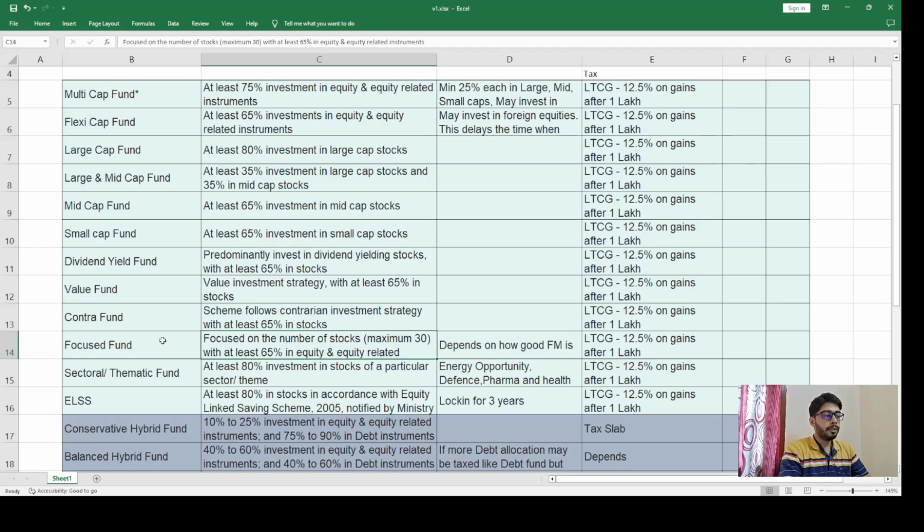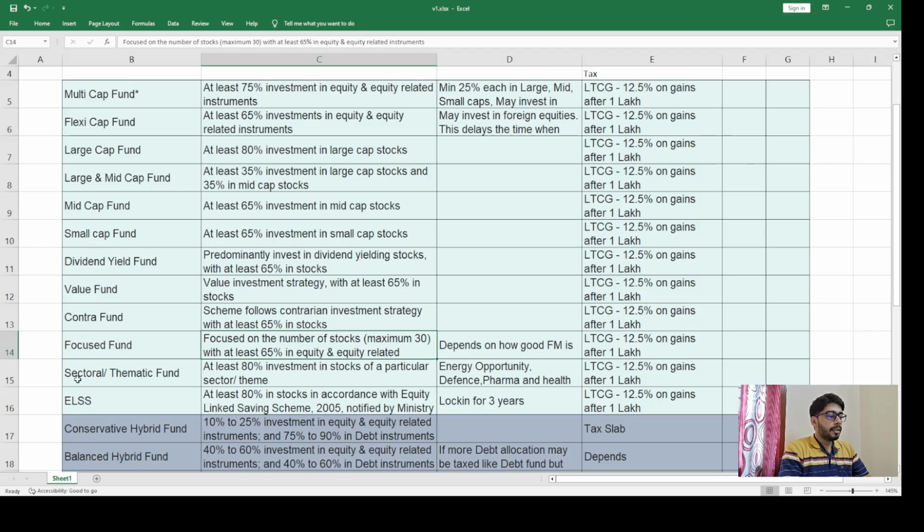So you will see focus funds which will have 29 stocks, 31 stocks, and this entirely depends on how good the fund manager is. So if you are betting on the fund manager and you know that this fund manager will pick up the correct 30 stocks which will give you massive returns, then only you'll have to buy these funds. Okay, so that is the thing.